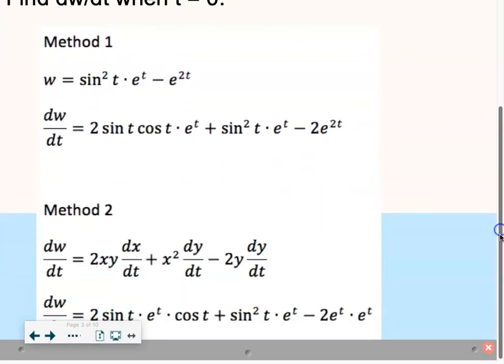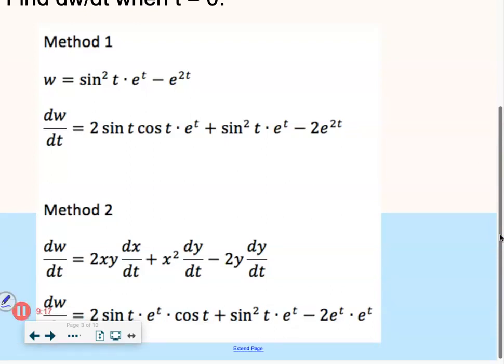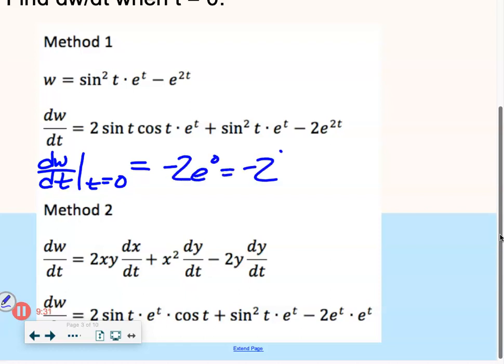Did I ever find an answer? Nope, my answers are incomplete. So let's just pretend that we're gonna add this on here. dw dt at t equals 0 equals, well, this whole thing right here is 0, right? Plus 0, so it's just negative 2 e to the 0, or negative 2.